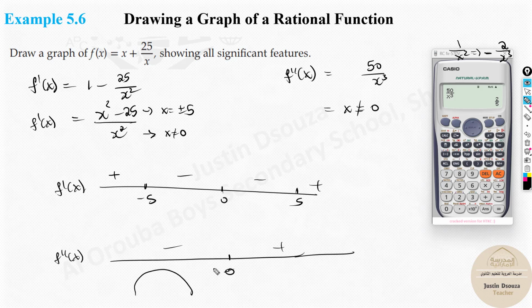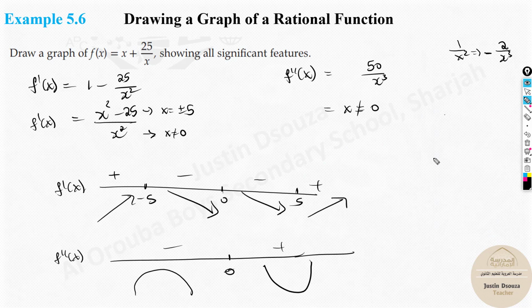Now here that means it's downwards, upwards, increase, decrease, decrease, increase. Now this is a rational function. You know this is undefined over here. That means in the graph over here there will be an asymptote. There are various ways to find the asymptote, but before that, let me just draw the graph over here.